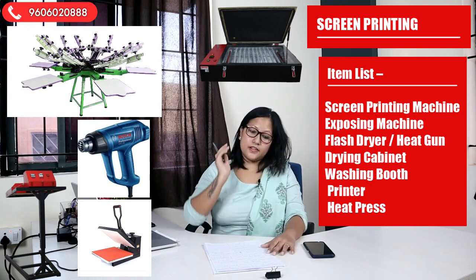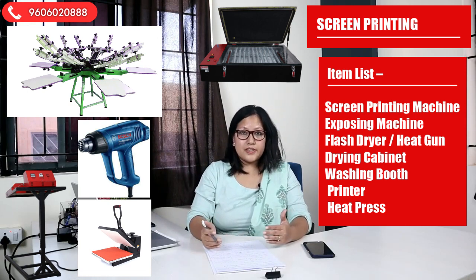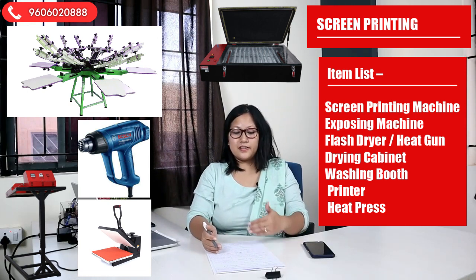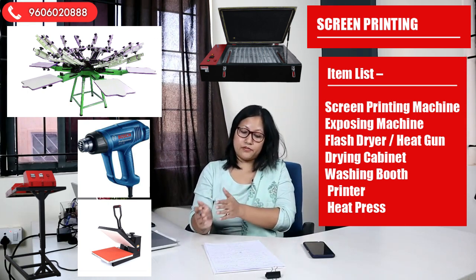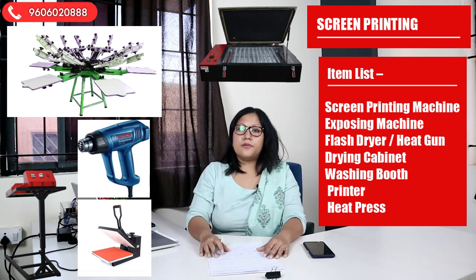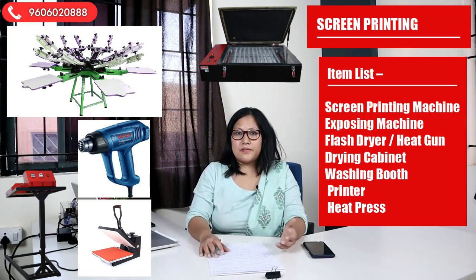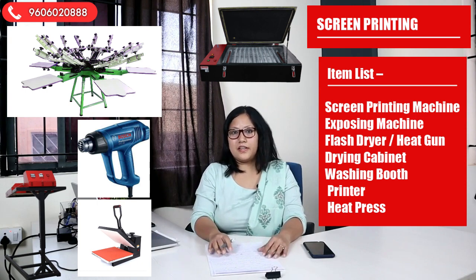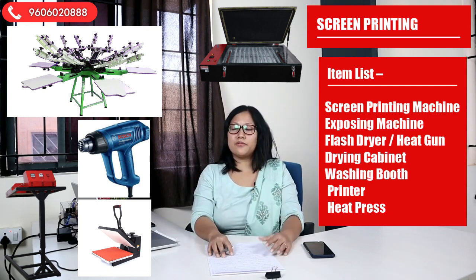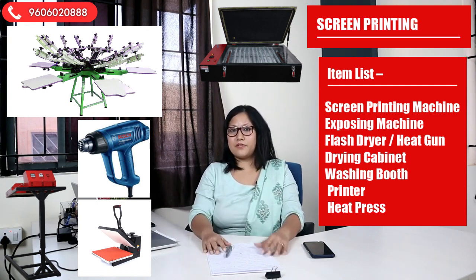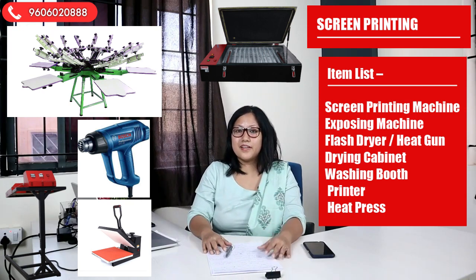So these are the machines or setup required to complete the screen printing work. Now I will tell a little about how the process starts. First you need to take a printout with a normal billing printer, whatever you use for your billing purpose.